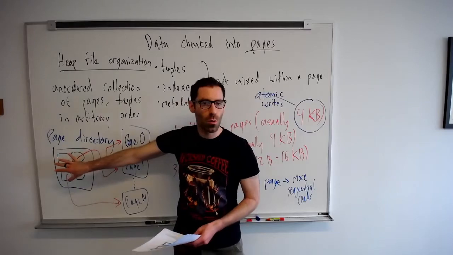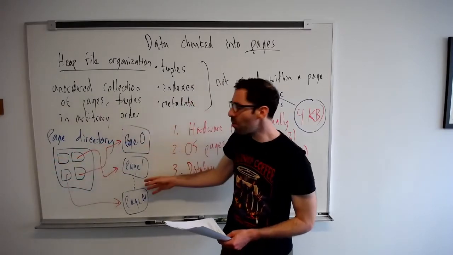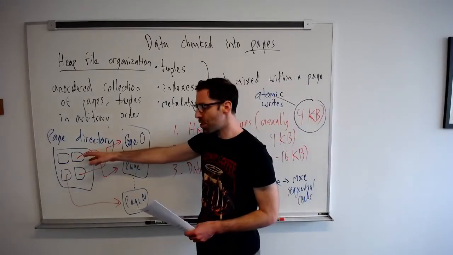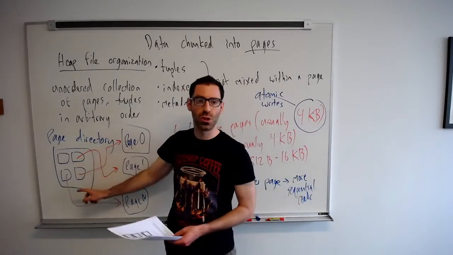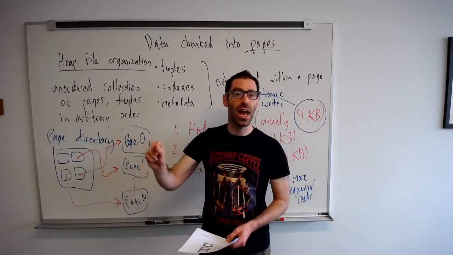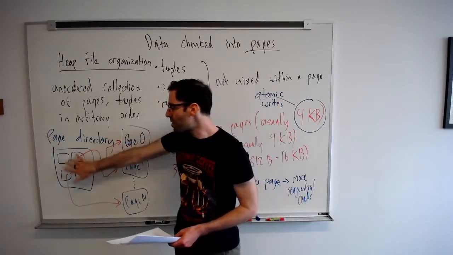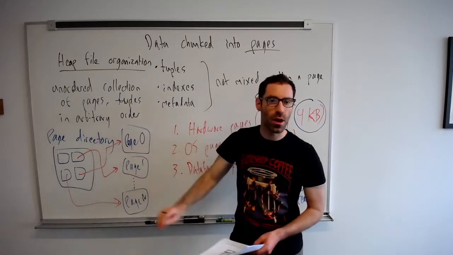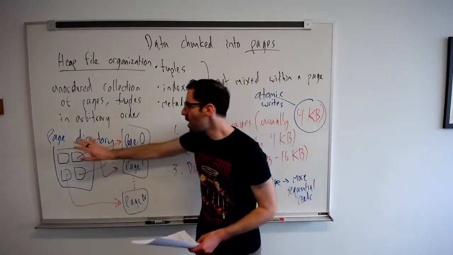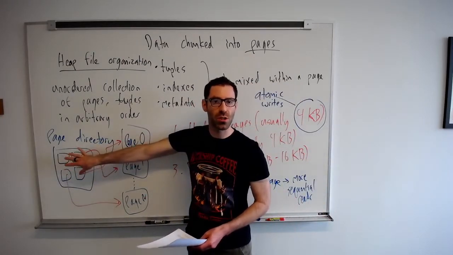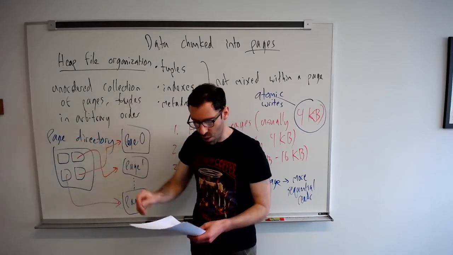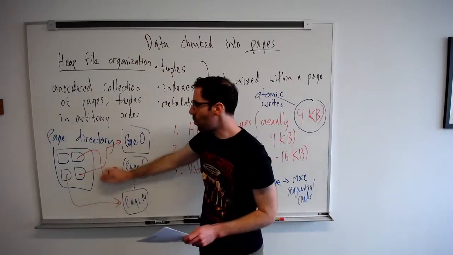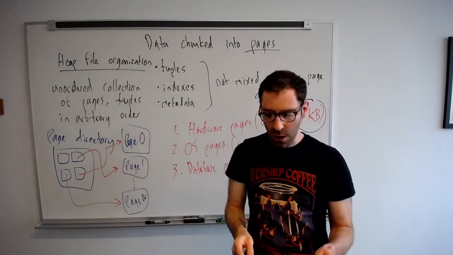The page directory would also keep track of the free space available in each page, because when we want to add tuples, we want to find a page that has room by scanning through the page directory, rather than going to all the different places on disk with all the different pages. If we have the page directory in memory with the amount of free space each page has, we can just look that up. So this is how we'll keep track of where the pages are on the disk.